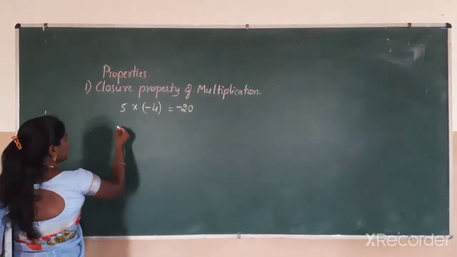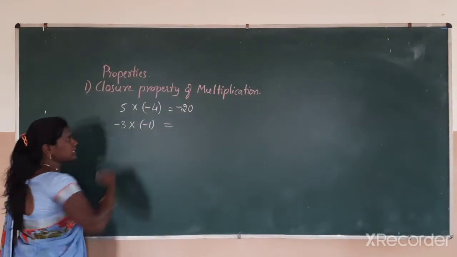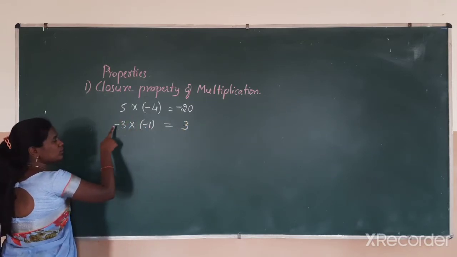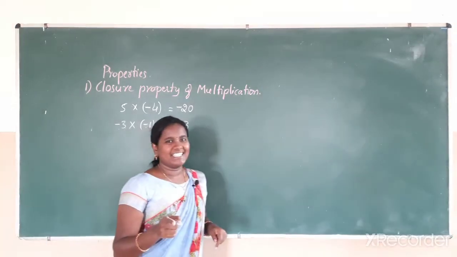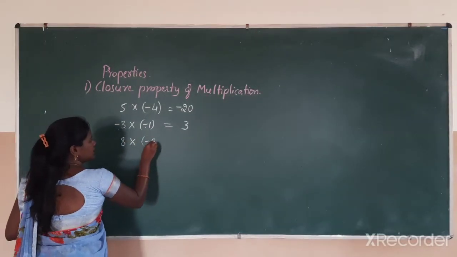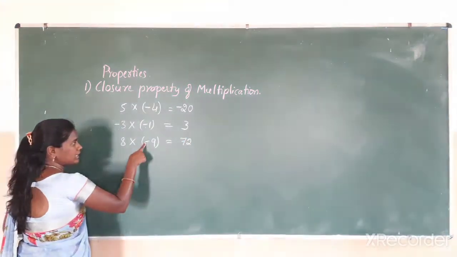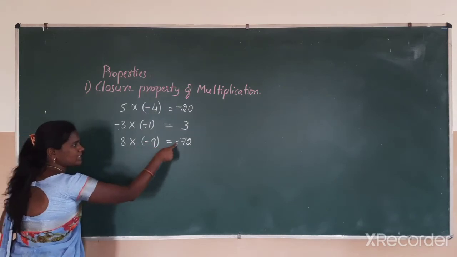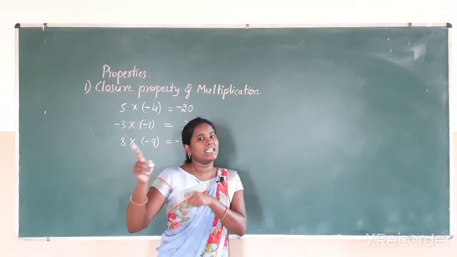If you take minus 3 into minus 1, 3 ones are 3, both are negative, so minus into minus is plus, and the answer is 3, which is again an integer. Now 8 into minus 9: 8 nines are 72, and only one integer carries a negative sign, so plus into minus is minus, and the answer is minus 72, which is again an integer.